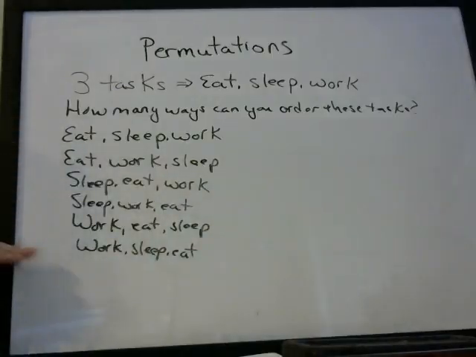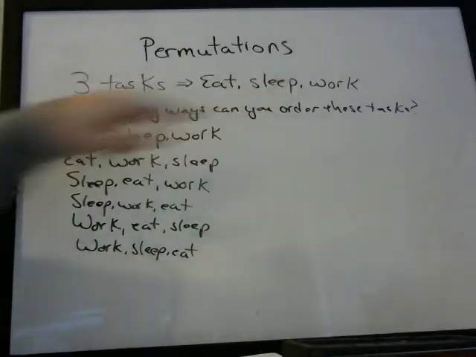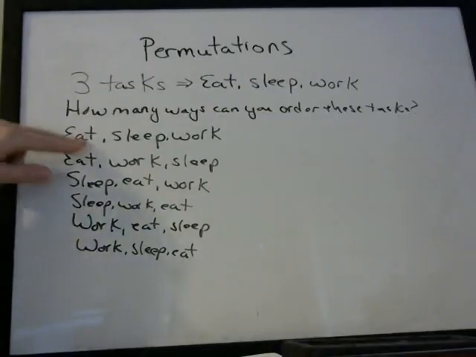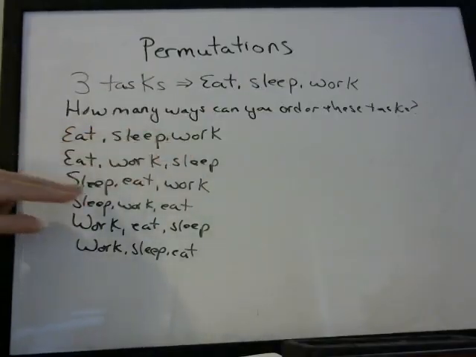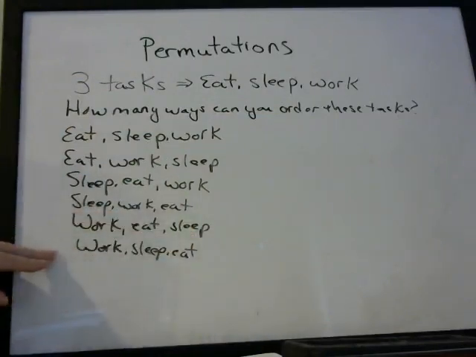And that's an exhaustive list of the orders in which we can do each of these 3 tasks. 1, 2, 3, 4, 5, 6. There's 6 different ways that we can accomplish these 3 tasks. It just depends which one we want to do first, second, and third. But depending on how we order them, there's 6 different ways that we can do it.